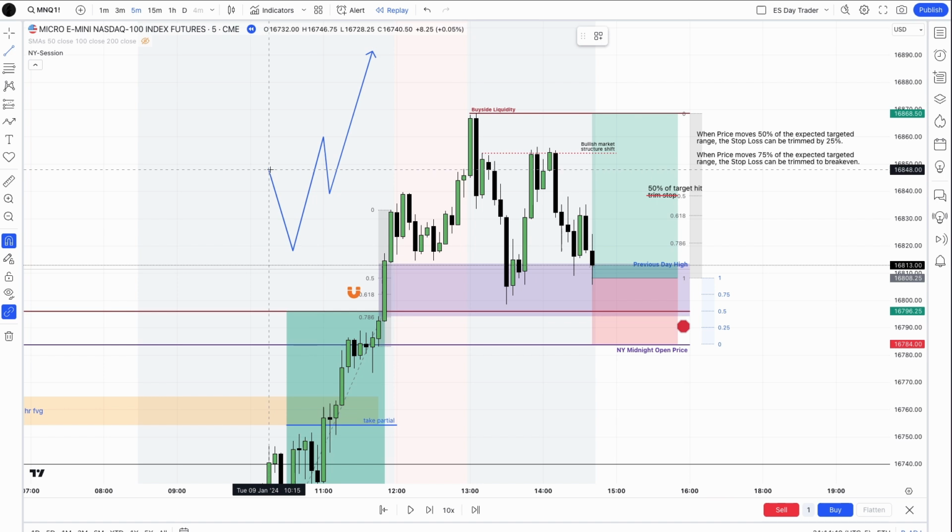This is our market structure shift. This is where we're looking for a fair value gap.